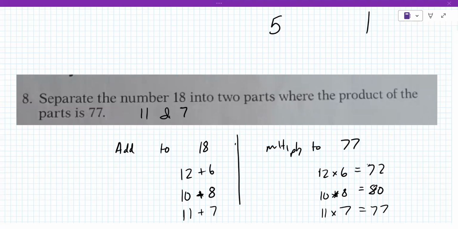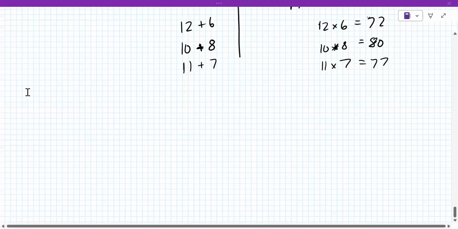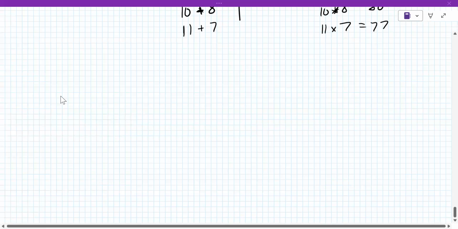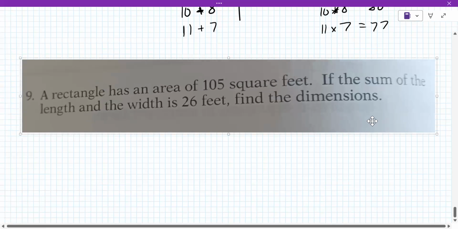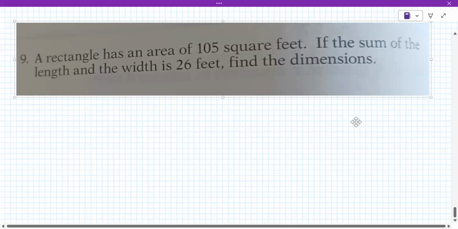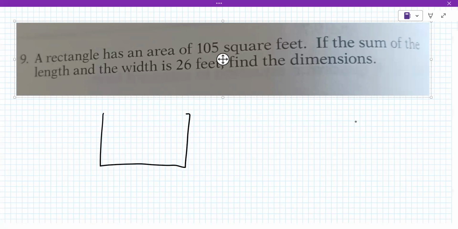Last question here. Let's see if we can get it done. Let me get it up on the screen. All right, so a rectangle has an area of 105 square feet. It's good to draw something like that. The area is 105.